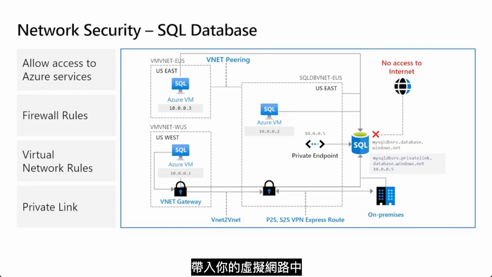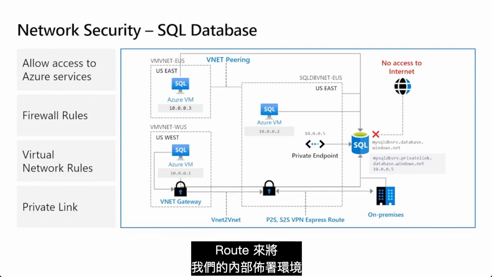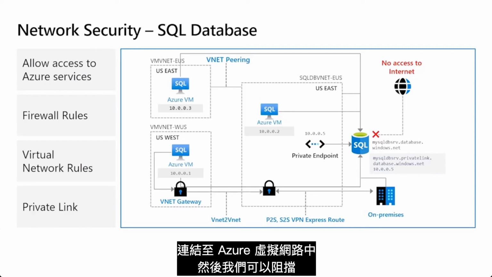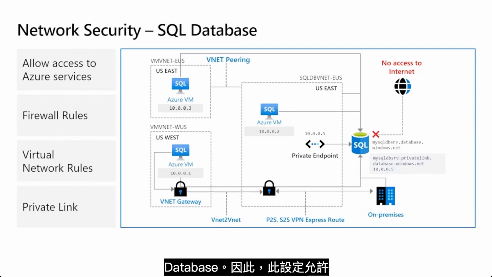your virtual network. Now, we can also use things like VPN gateway or ExpressRoute to connect our on-premises environment to our Azure Virtual Network. And then we can block off all the public internet access to our Azure SQL database.